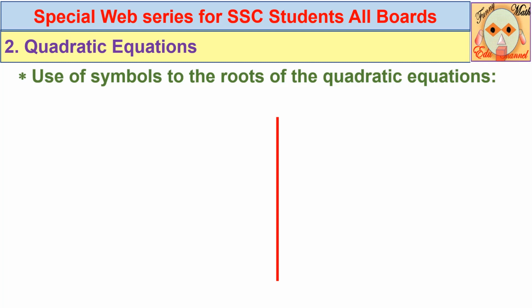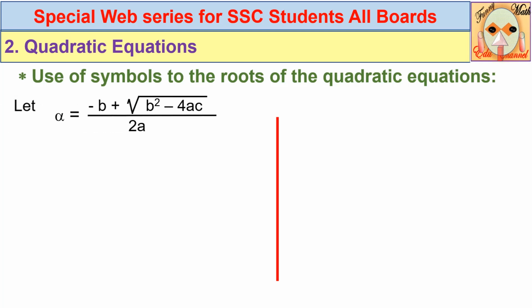Use of symbols for the roots of the quadratic equation. Now you know that there are only two roots of a quadratic equation. Let us suppose the first one is denoted by the letter alpha, and the second one by the letter beta. As you have learned in the formula method, we have two roots.